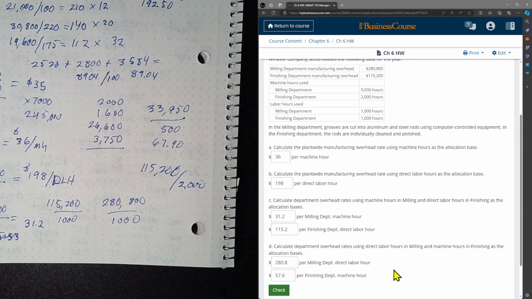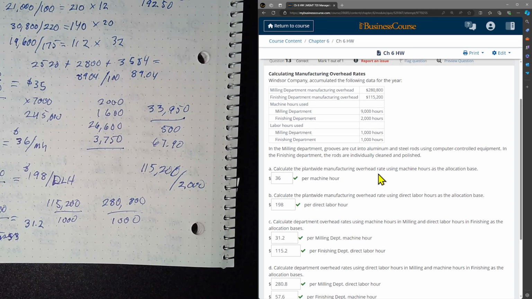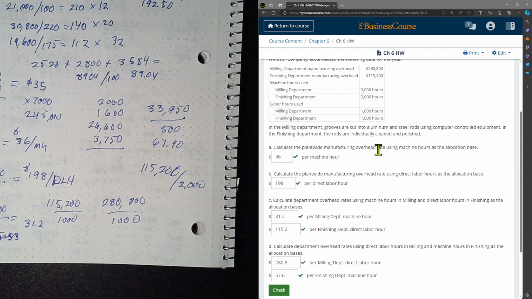Now, of course, when we run these numbers, let's just double check, make sure they're right. The idea is that you want to pick the one that is using a certain resource more. In the labor hours in milling and finishing, it doesn't seem like either one is using a whole lot of resources. But you notice definitely the difference between milling and finishing is that one is using a lot more of the resources than the other. So you may choose to use machine hours for both of them.